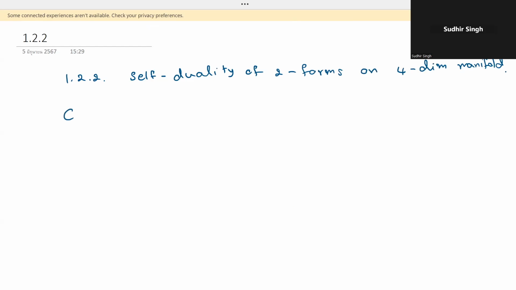Okay. So if we consider a manifold M to be 4-dimensional, then the Hodge star operator would map a 2-form to a 2-form.